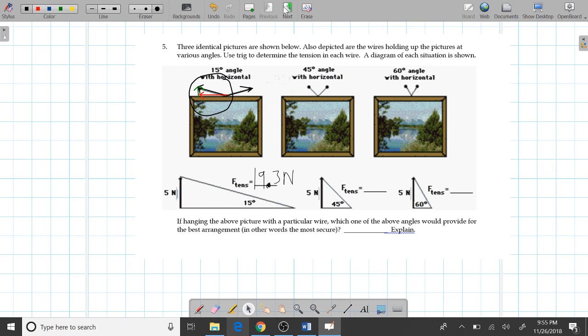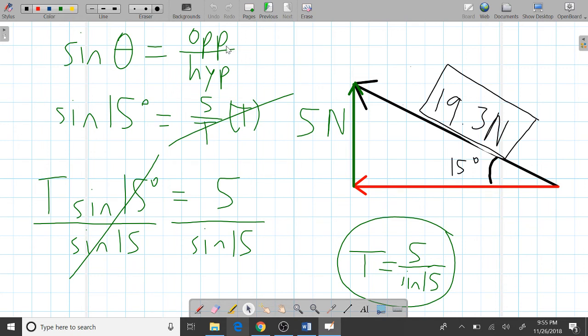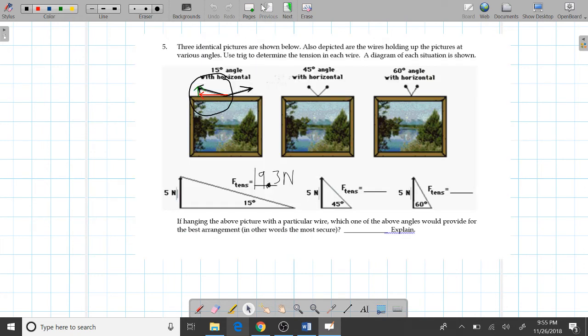Again, we just used our sine function to solve for that hypotenuse.